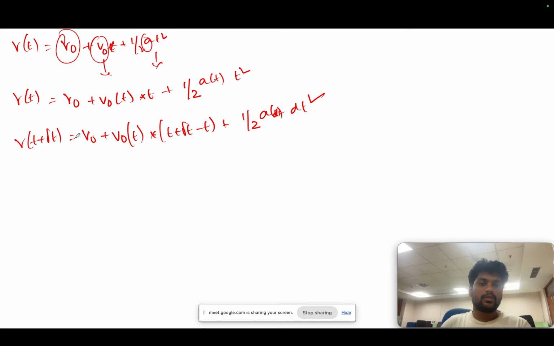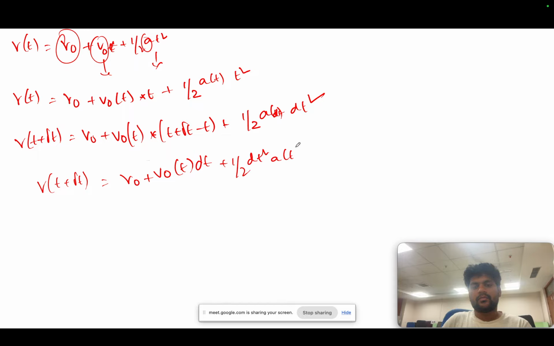I think, yeah, so now this is the equation. Just remember this equation. This is for R of T.